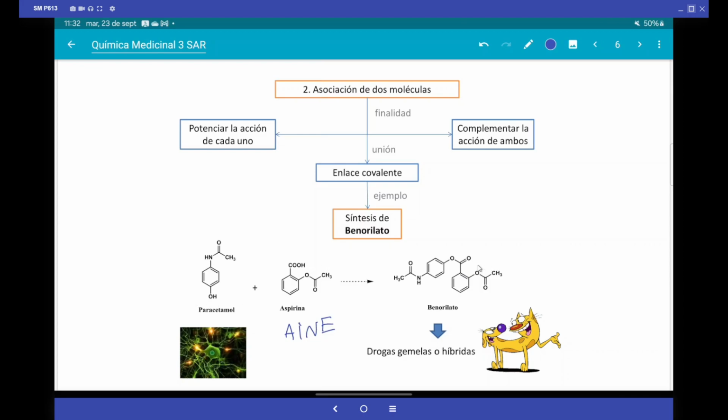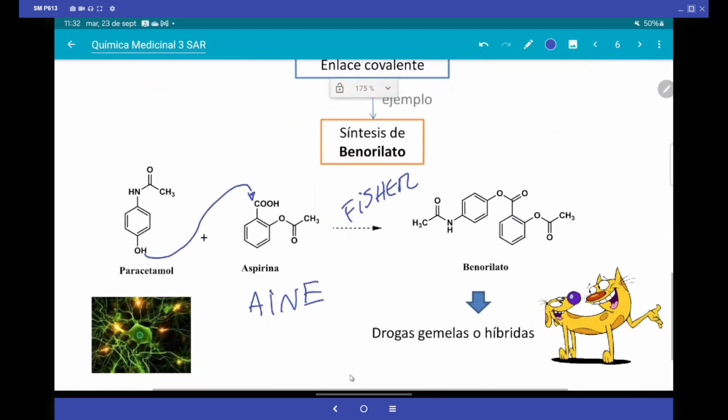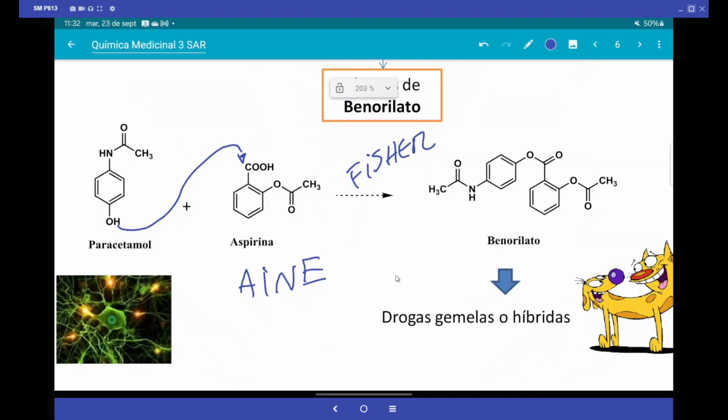Well, here the connection occurred through an esterification reaction. What happened? There was the nucleophilic attack of the phenol on the acid, an esterification, which is nothing but forming an equivalent link to form this ester.